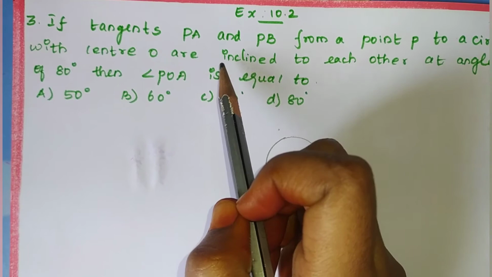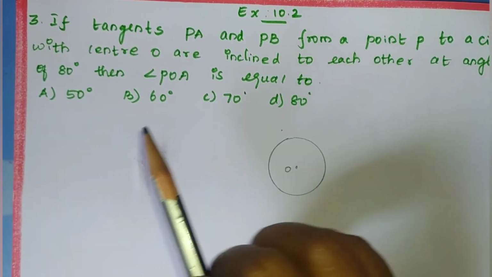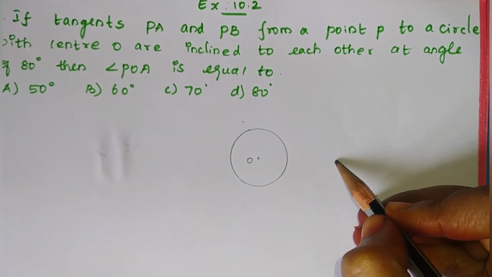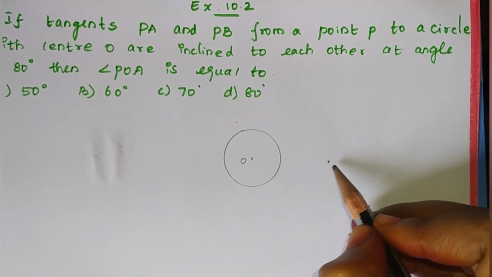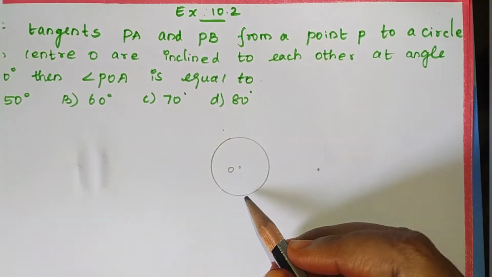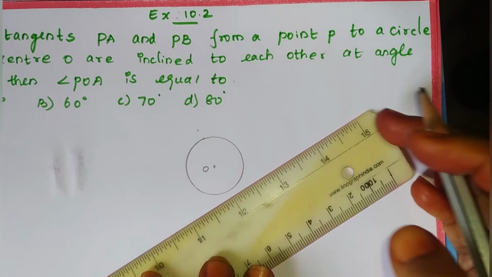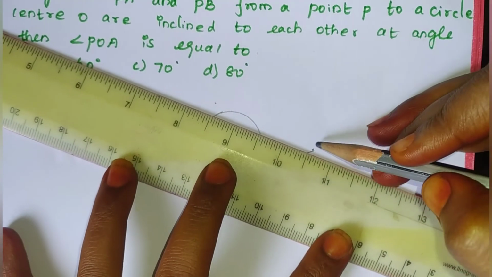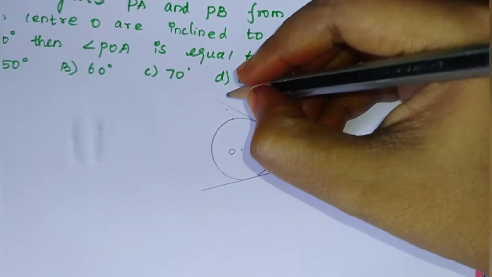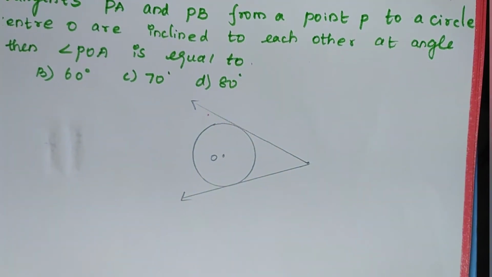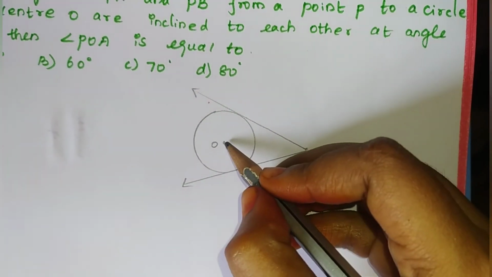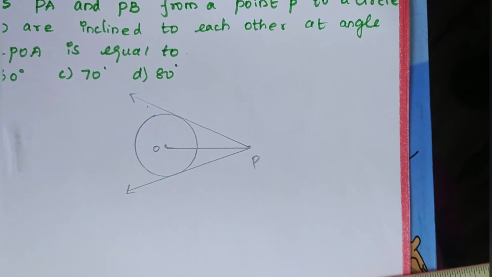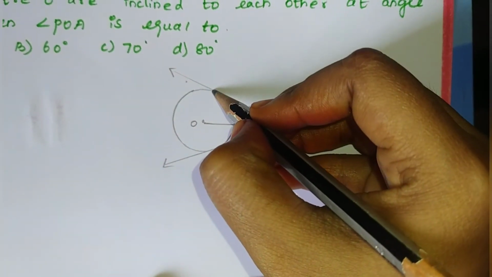PA and PB from the point P. I am going to draw the tangent first from the external point. Draw the tangent like this, and this is P, the external point, and the center O. Then PA, PB.